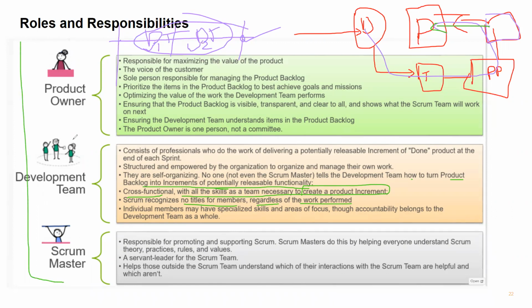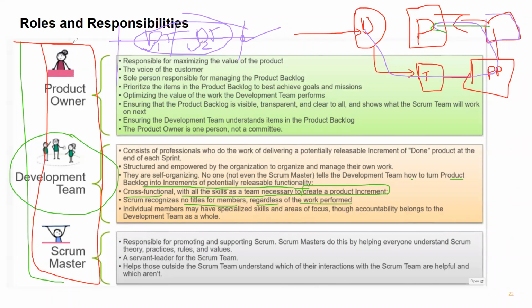Basically the Scrum team means the full three roles. That is what I told you: the Scrum team will have three roles. Who are all part of the Scrum team? Product owner, development team and Scrum Master. Remember this.